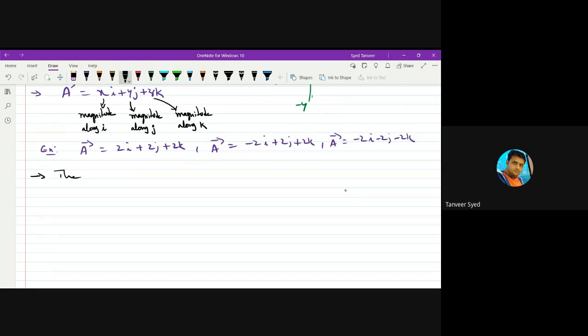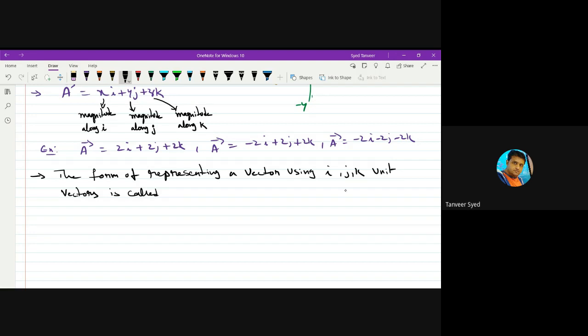The form of representing a vector using ijk unit vectors is called component form, because these are the 3 components of that vector along 3 different directions.